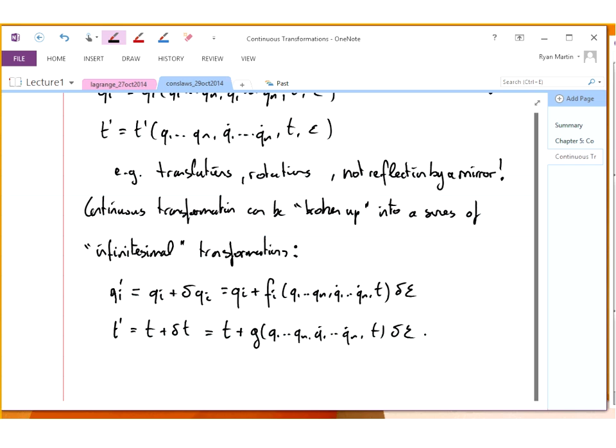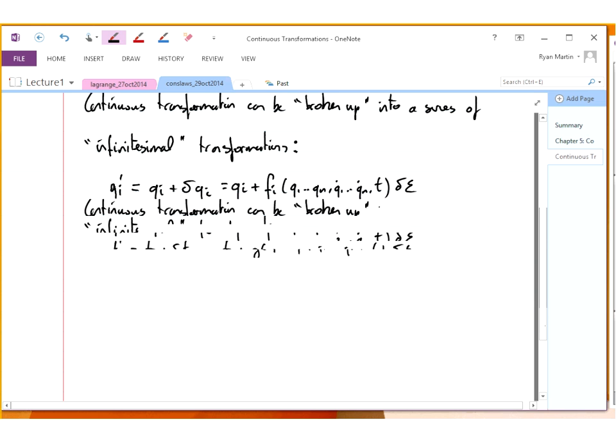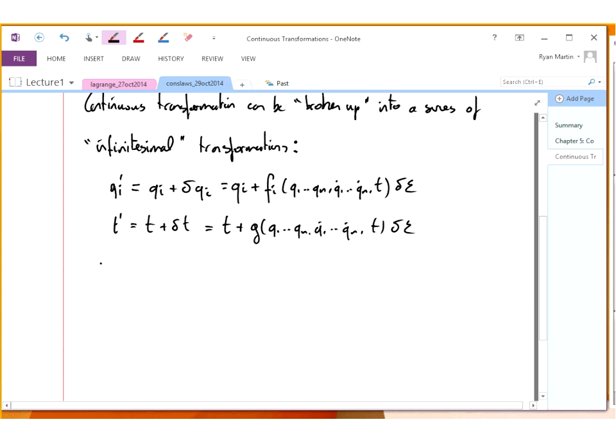For each Qi there's going to be one Fi, and for T there's only one, so I won't have an index, and that function will be called G. Okay?